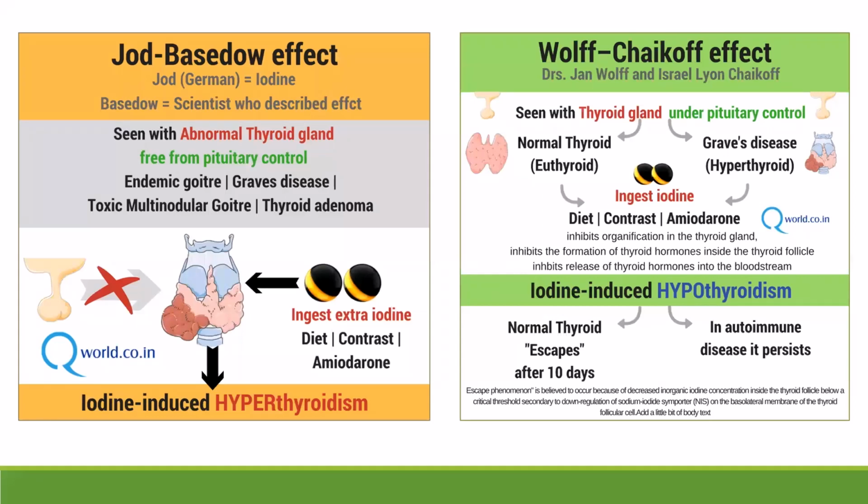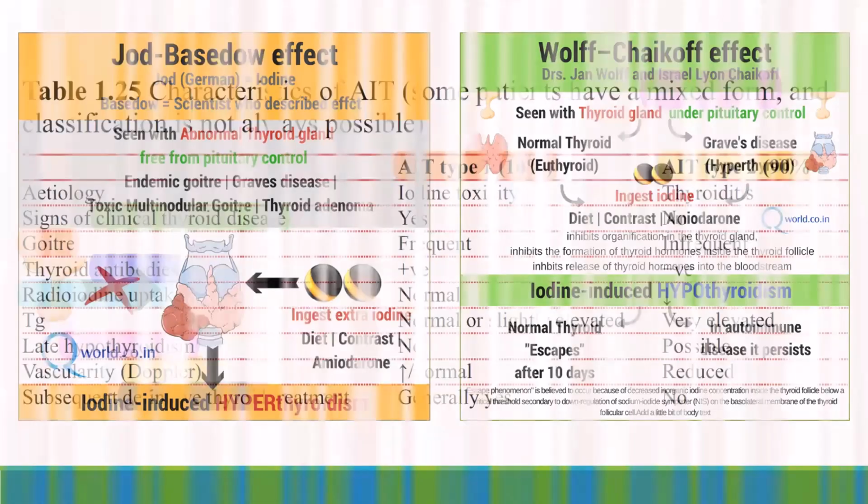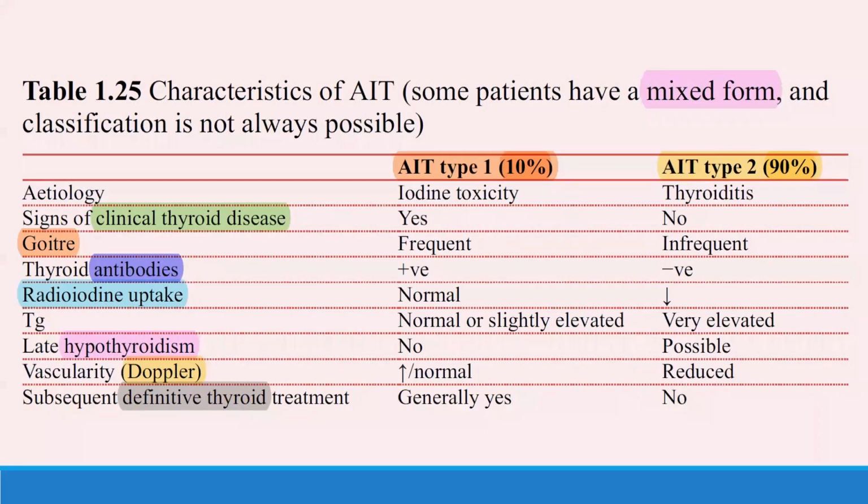Jod-Basedow effect is usually seen in an abnormal thyroid gland, usually occurring after ingestion of extra iodine, diet, contrast, or amiodarone, and causing iodine-induced hyperthyroidism. This is actually the mechanism in amiodarone-induced thyrotoxicosis type 1. Amiodarone-induced thyrotoxicosis is very important in clinical practice and in exams, because in each exam they will ask about 2 questions about it.